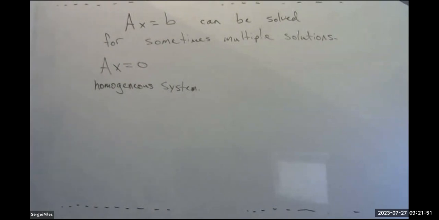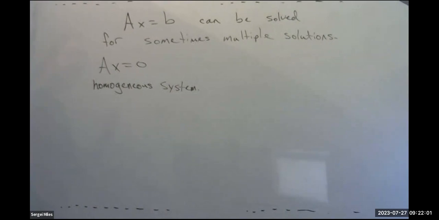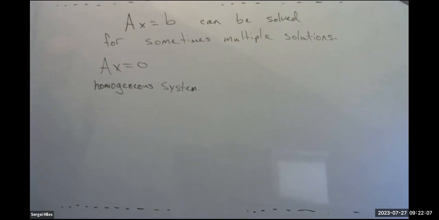So we know for this kind of system, there is always a solution. In fact, the trivial solution is always a solution. When x is 0, you plug in a 0 vector for x, multiply it, you're going to get 0, right? So this always has at least one solution.